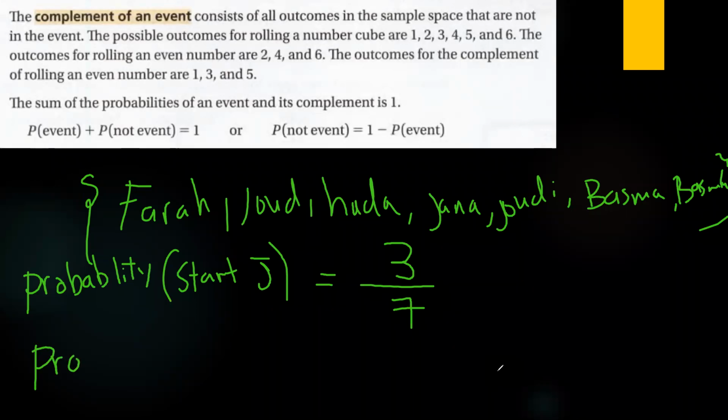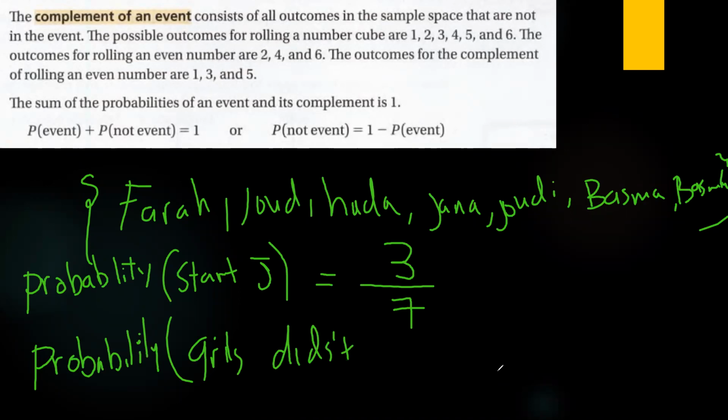Now, what is the probability of the complement event? The complement event means girls whose names didn't start with letter J. 4/7. Bravo, 4/7. So 3 girls start with J, and 4 girls didn't start with J.